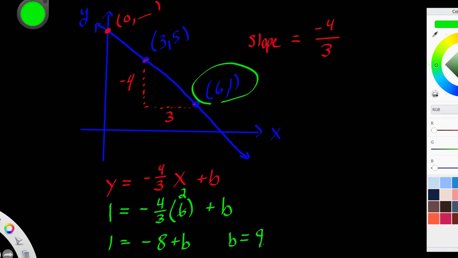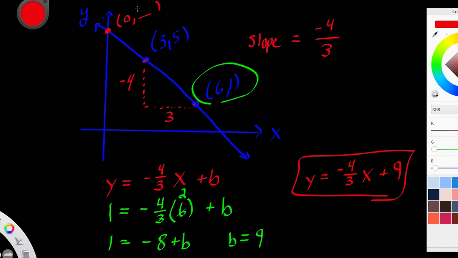Therefore, the equation of this line, and my final answer, is y equals negative 4/3 x plus 9. So the y-intercept I was looking for occurs at 9.